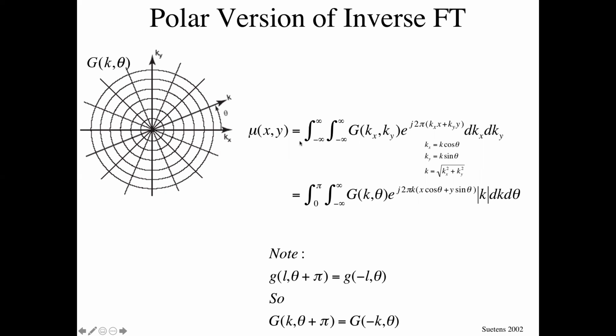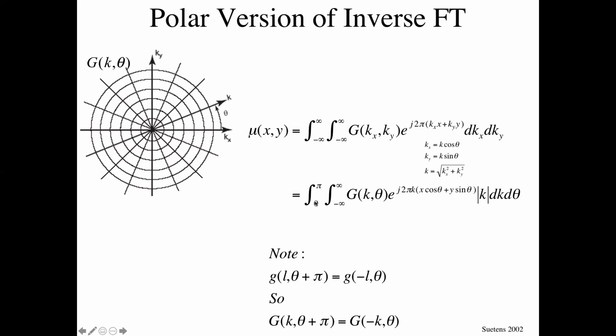If we look at this relationship in polar coordinates, which is what our data is in, we're going to make this transformation: kx is k cos theta, ky is k sin theta. So now we have k and theta, and we map that Fourier transform into that coordinate system. This is what we get.